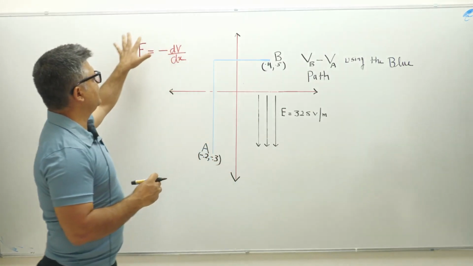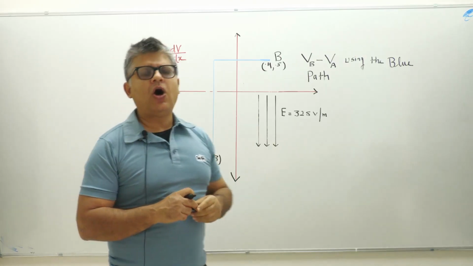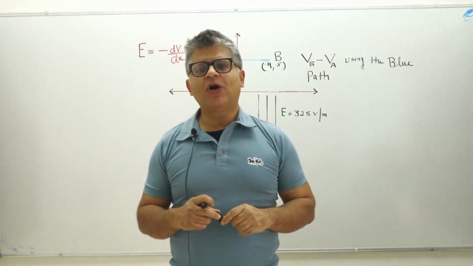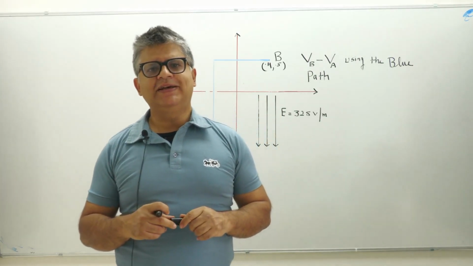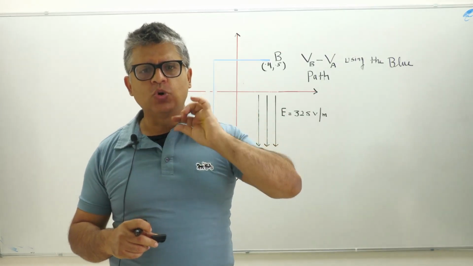Now we know this, right? The electric field is the negative of the gradient of the potential, which means if you have to find the electric field, find dV through a distance.